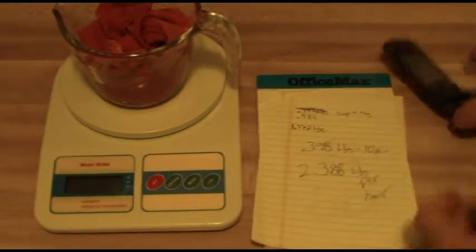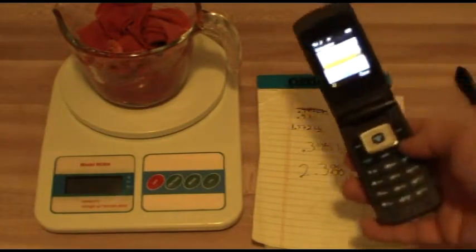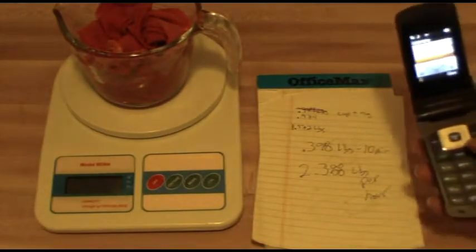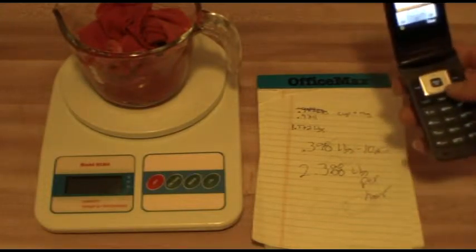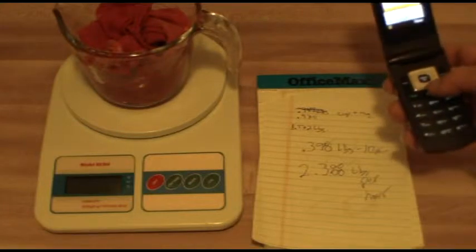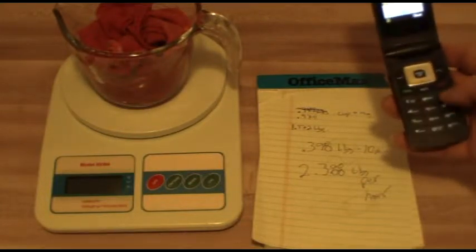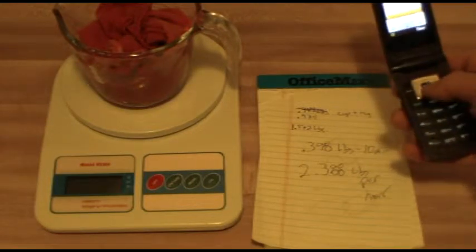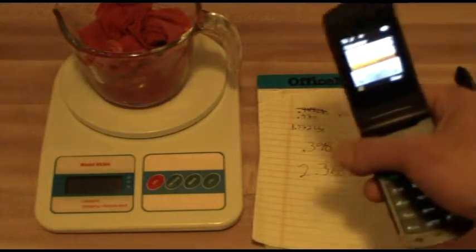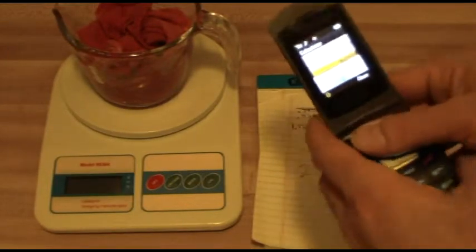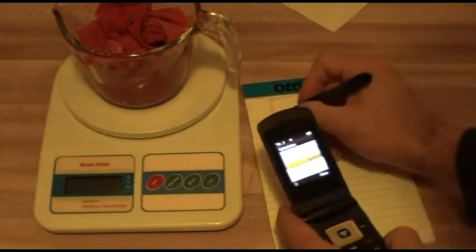So we're going to go back to that, and we're going to divide 2.388 divided by 8.35. And that equals, this leak is using, we'll go with another one.